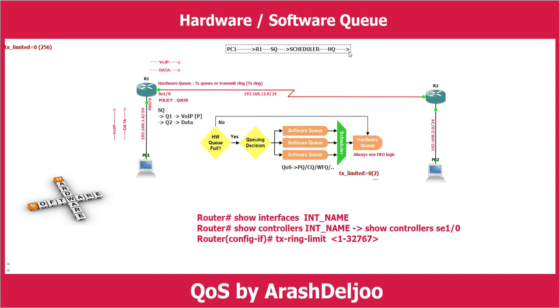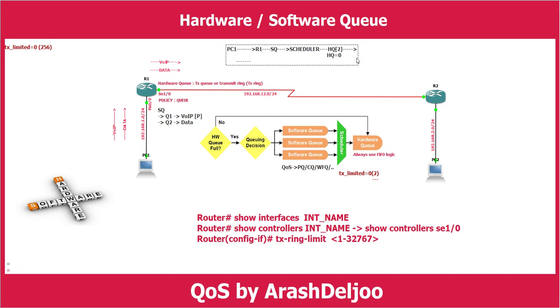Assume that the hardware queue is empty. Actually, here in the hardware queue we have space. The length of the hardware queue in our scenario is 2, but now the hardware queue doesn't have any packet, and we are receiving a packet from PC1.